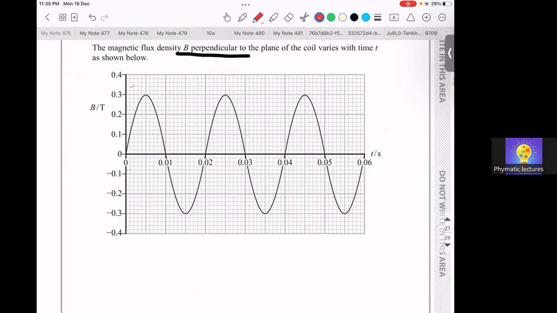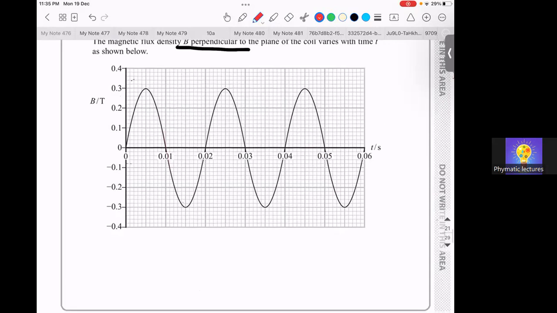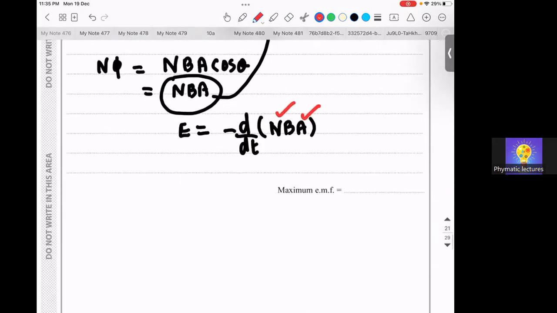So it's a varying magnetic flux density. We will take out the constants. EMF is equal to minus N into A into d by dt of B.